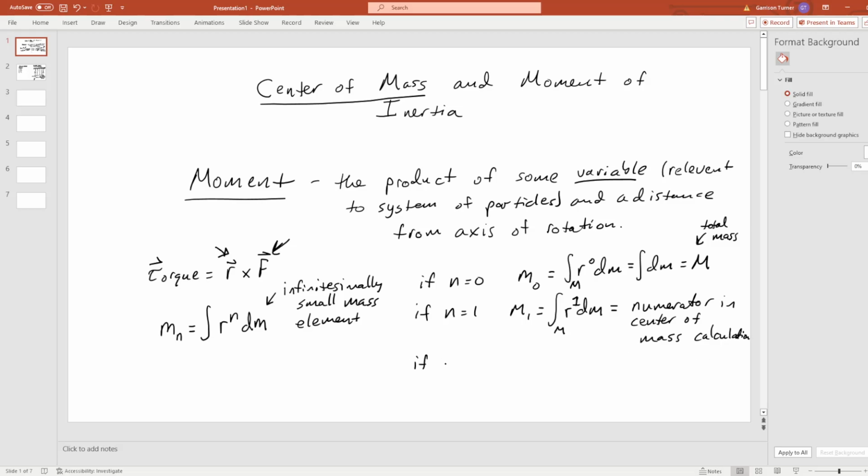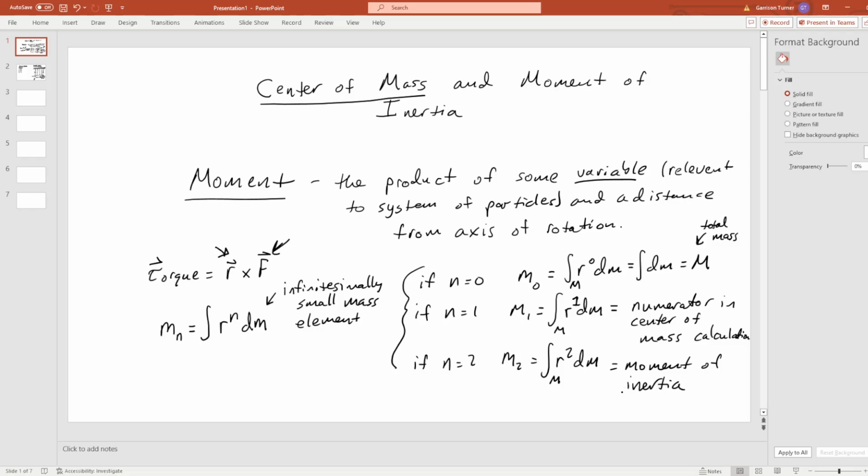And finally, if n equals 2, now these are the three that are going to be the most important for us. Now, of course, you can take higher moments, but for our purposes, n equals 0, 1, and 2 are the ones that we care about. So your second moment is r squared dm, and this is your moment of inertia. Okay.